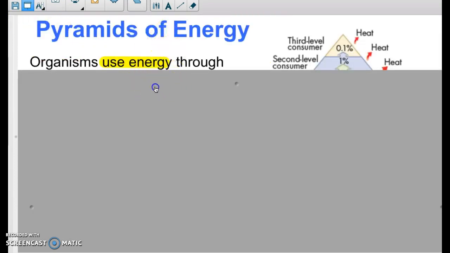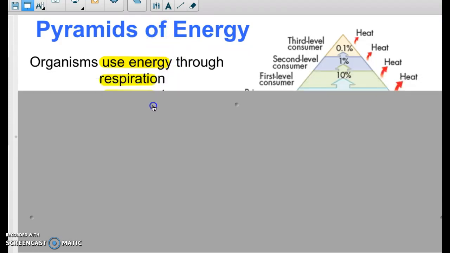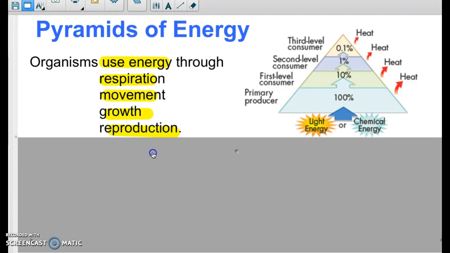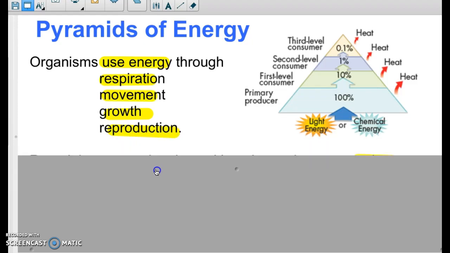Organisms need energy to grow. They need energy so they can breathe, so they can move, and they need energy to be able to reproduce. So organisms use a lot of the energy they got from the previous trophic level to do those things. A bunny is going to use the energy it got from the carrots it's eating to do those kinds of things.